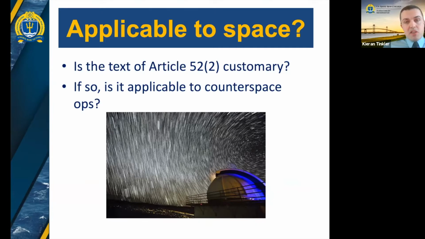AP1 only applies to international armed conflicts, but you see multiple decisions of international tribunals, you see military manuals of various states, you see state positions of, for example, Israel, who aren't a party to AP1, all accept that 52.2 is customary, certainly in land warfare. And then in the maritime context, the San Remo Manual adopted Article 52 as customary in naval warfare, and it's generally accepted as customary.